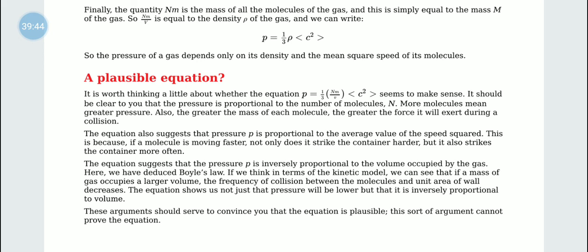Next point, P is proportional to the average c squared.